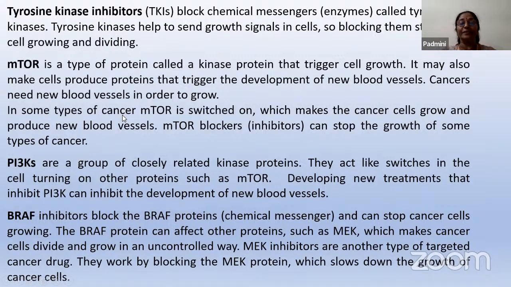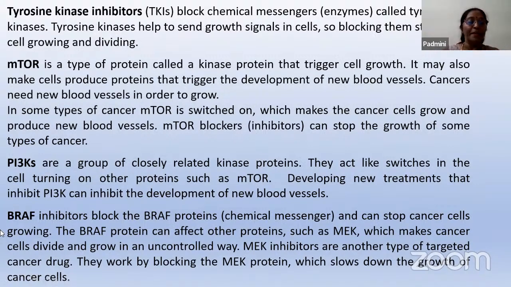So in some types of cancer, mTOR is switched on, which makes the cancer cells grow and produce new blood vessels. But when you prepare a blocker for this mTOR, it can stop the growth of the blood vessels. So this is how you're going to block them.